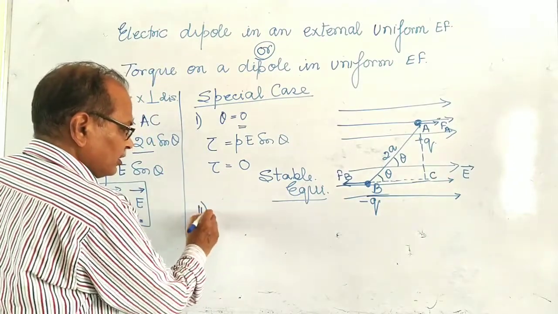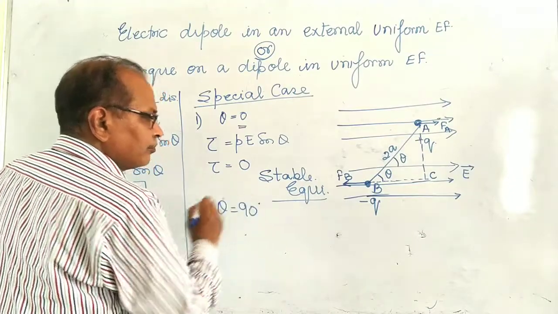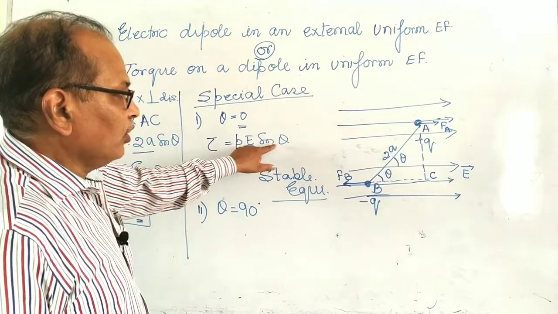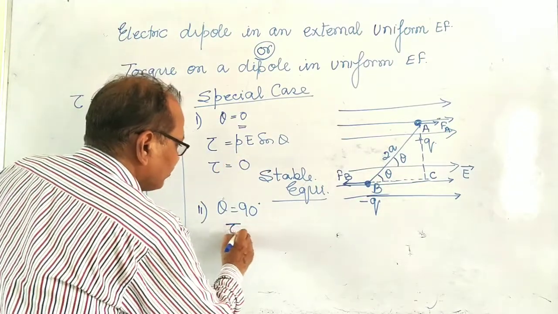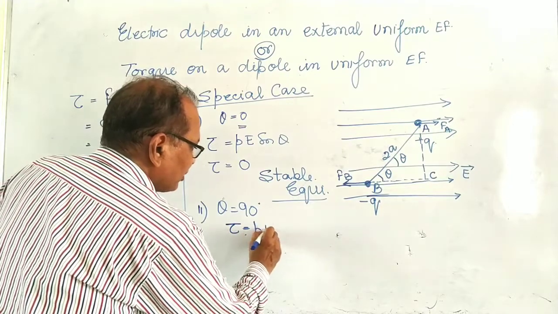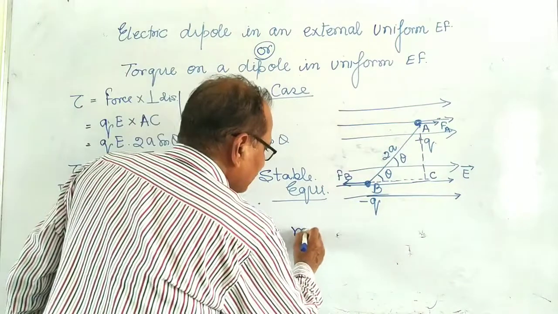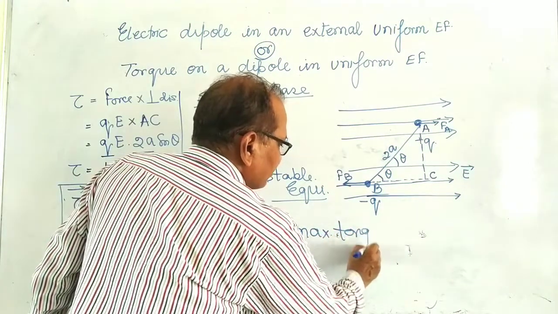Second case, if theta is equal to 90 degrees, what does it mean? Put the value theta 90 degrees, sin 90 is 1, so the torque will be P into E. That is, maximum torque will be experienced. It is the condition of maximum torque.